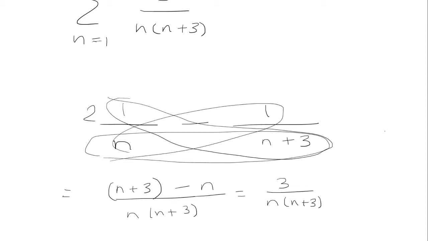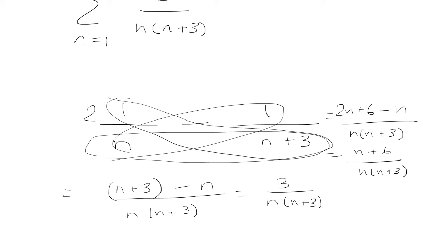If I put 2 in the numerator, this will be 2 times n plus 3, so it'll be 2n plus 6, minus, multiply the other diagonal, over n times n plus 3, and this will just be n plus 6 over n times n plus 3. I still want to get rid of this n, so ideally I would want this to be 2n. So that means this one has to be 2.